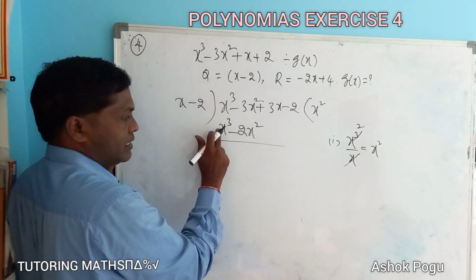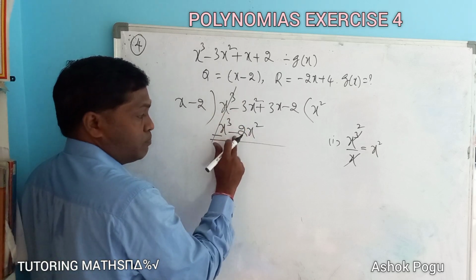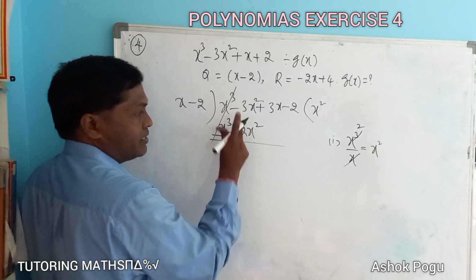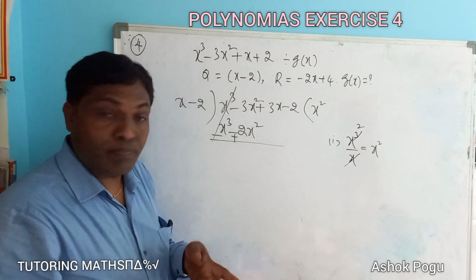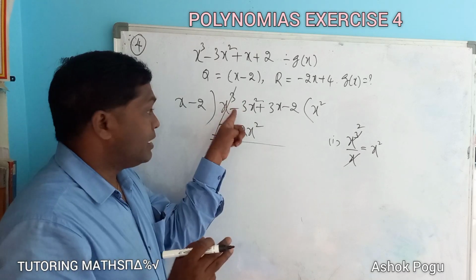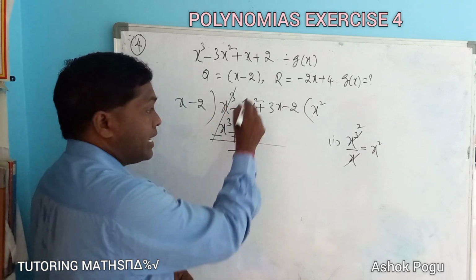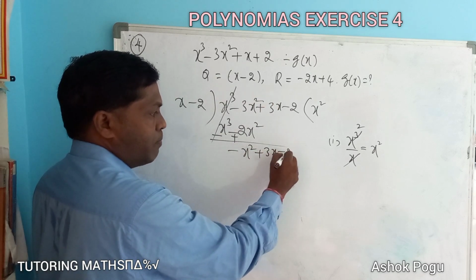Plus becomes minus, both get cancelled, and minus plus minus become plus. Symbols are different, you know that. Go for subtraction. Big number 3 minus small number 2, we get 1, but the big number is negative, so you get a negative symbol, that is minus 1x square plus 3x and minus 2.